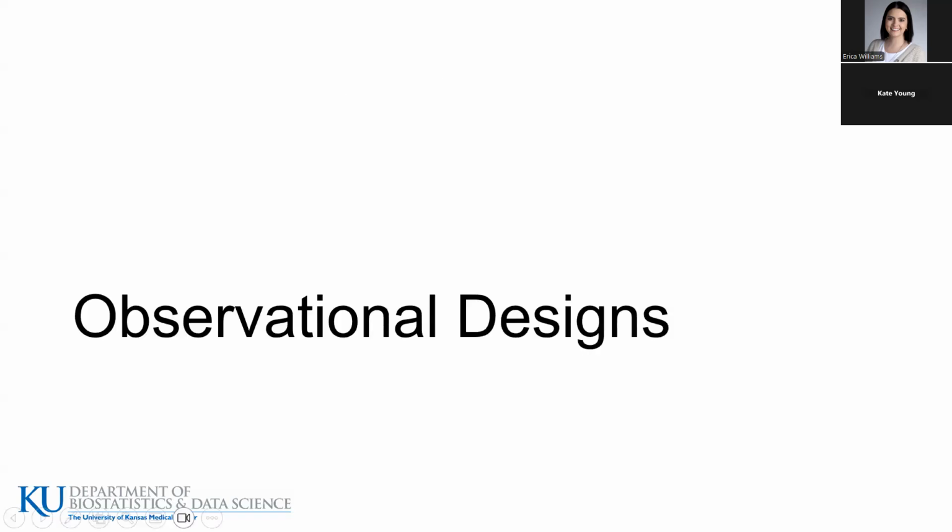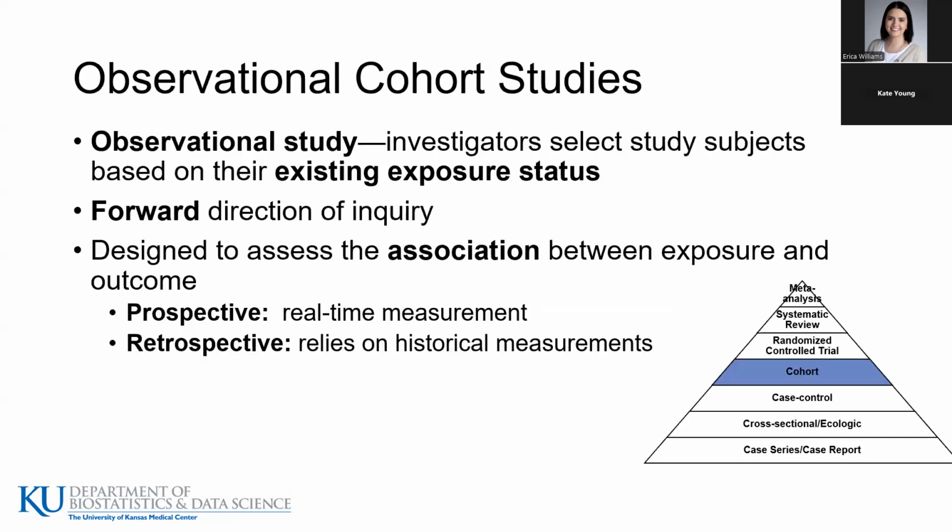Moving on to observational designs, we're going to go through each of the types of observational studies and what the characteristics of those studies are. One step down from a randomized controlled trial is what's called a cohort study.